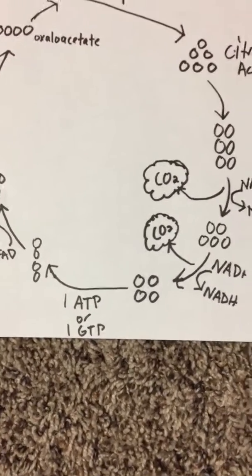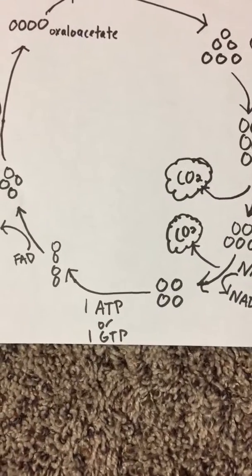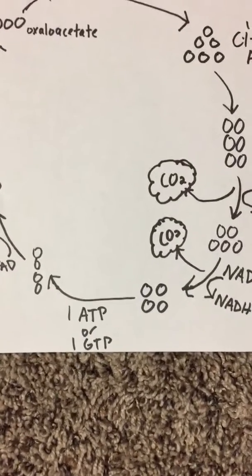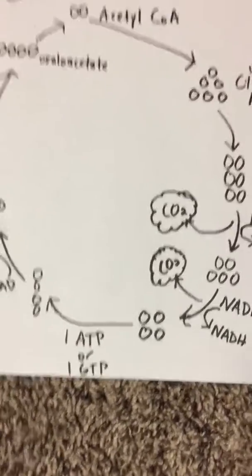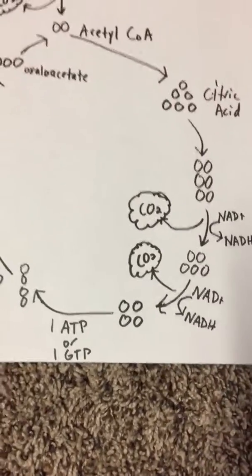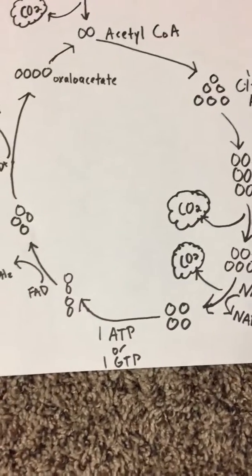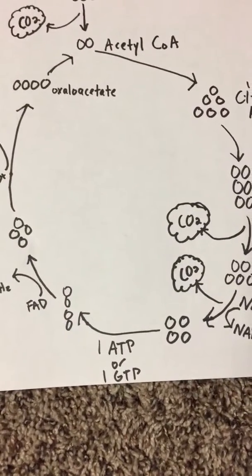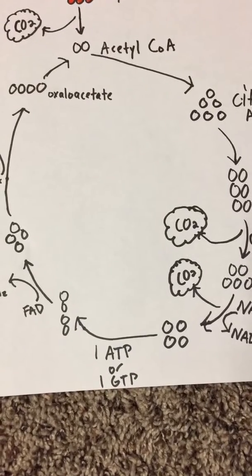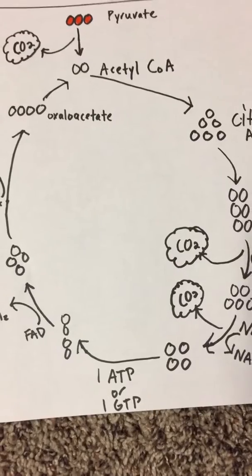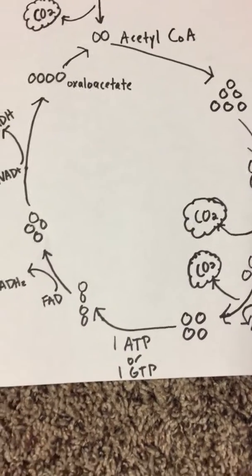GTP can be converted to ATP rather easily by the body. So we're going to just say that they are equivalent molecules for the time being. Either one can be produced in this cycle. And also, in addition to that, FADH2 is made during the rearrangement of the 4-carbon molecule.